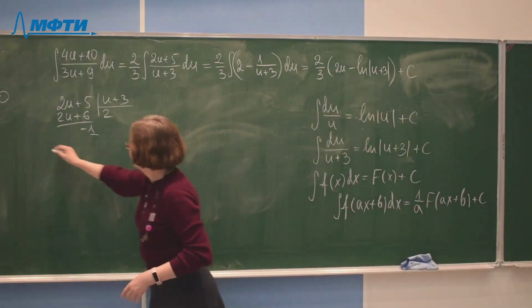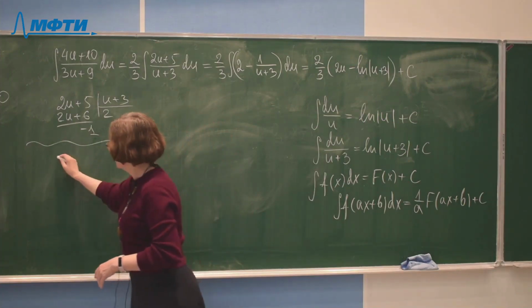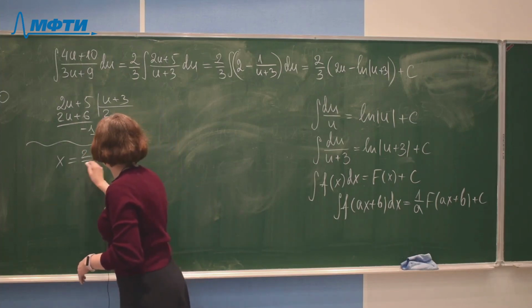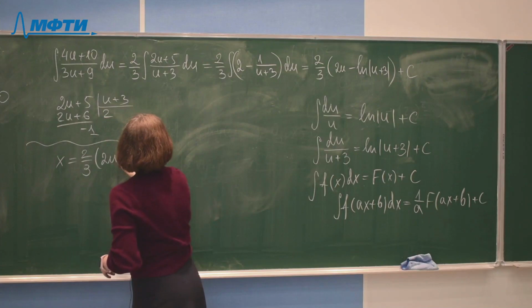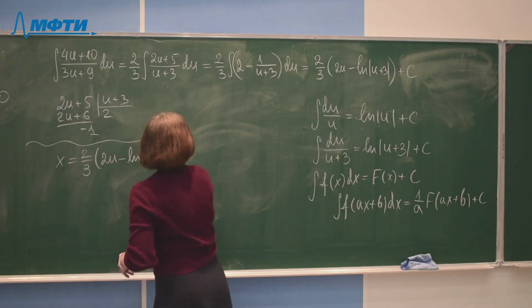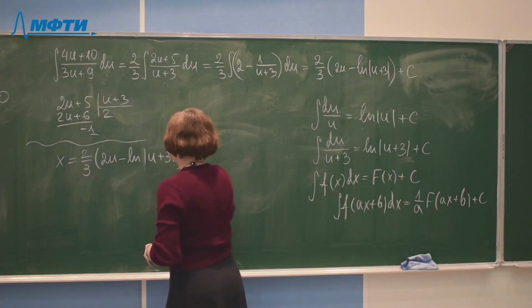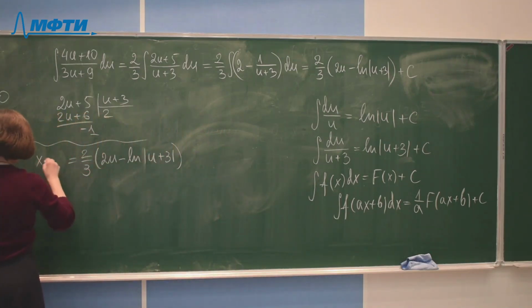And let's go to our integration. It is x equals 2/3 of 2u minus ln of u plus 3, plus c. So plus c should be added here.